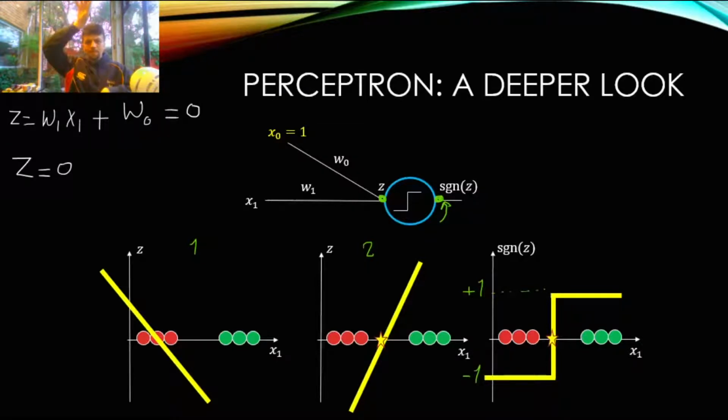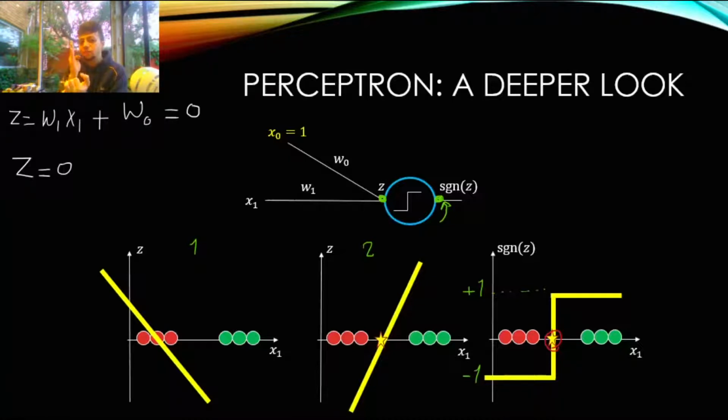So it limited that line that goes through positive infinity and negative infinity. And again, you notice this point is where we're interested. That is the point that dictates where we should squash our line to +1 and -1. That's the border line, right?